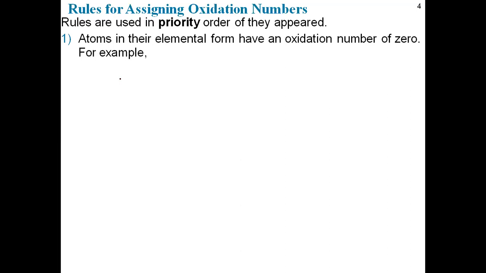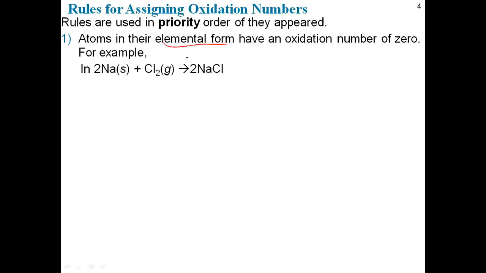The first rule has the highest priority: atoms in their elemental form have an oxidation number of 0. For example, if I give you this chemical reaction, you identify who is in the elemental form.